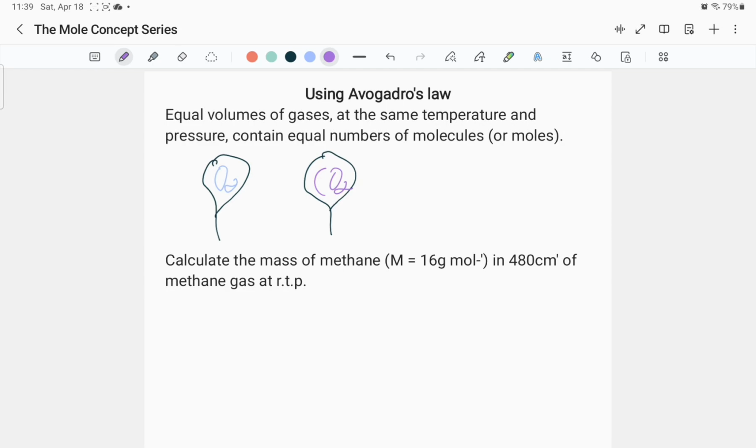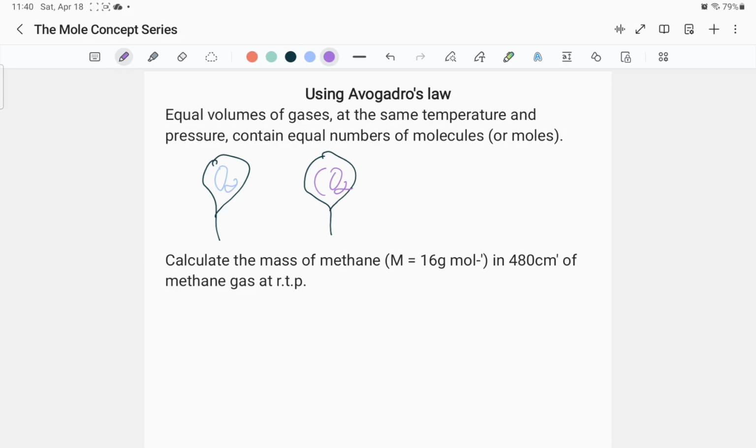If both balloons are the same size, why would one have more particles than the other? The gas particles in the balloon are spread far apart. They expand to fill the container, so the volume depends on the number of particles and not the type of gas. So the same volume equals the same number of particles, even if the gases are different. So that is why it complements Avogadro's law.